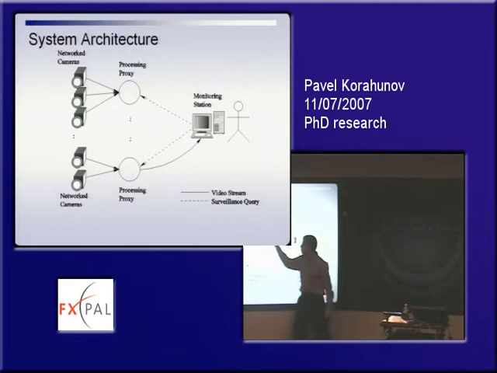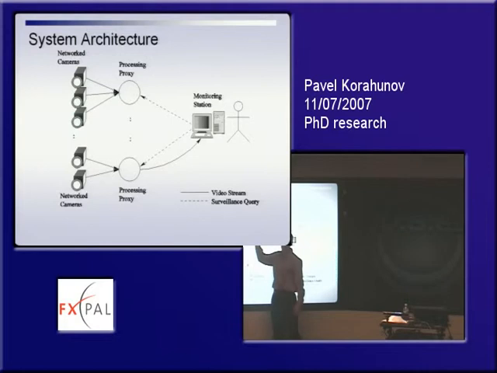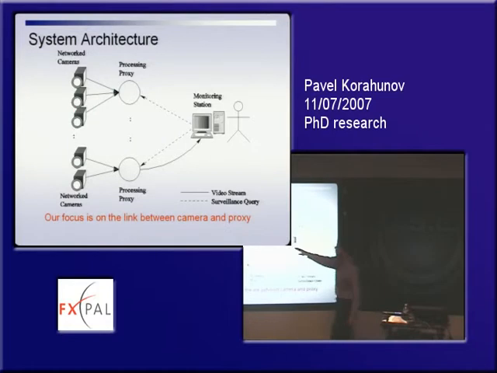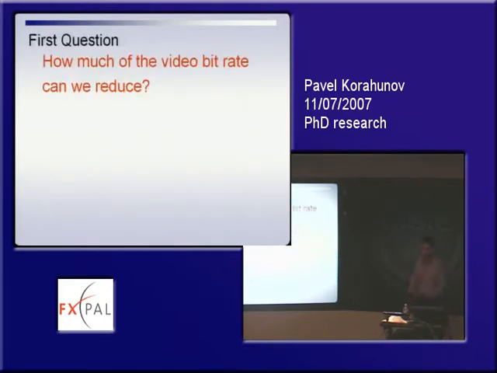Because suspicious events are rare, very rarely will something be streamed there. Therefore, most of the time the algorithms are watching the video from cameras, and we can maybe reduce the bandwidth on the links between camera and proxy, if we find that the algorithm doesn't require much video quality. And that's the first question we ask: how much of the video bitrate can we reduce?